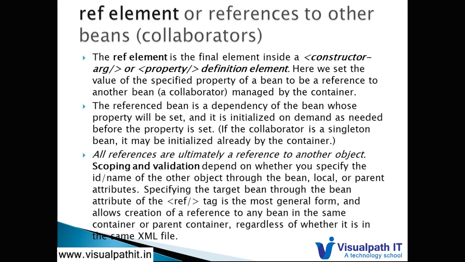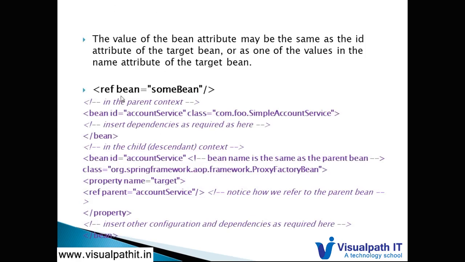For example, if we can see here the ref element, ref bean equal to someBean, and the bean id is accountService. This is the id, and the class name, SimpleAccountService. Here the bean name is the same as that of the parent bean.